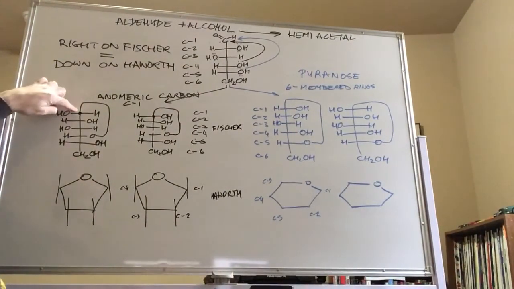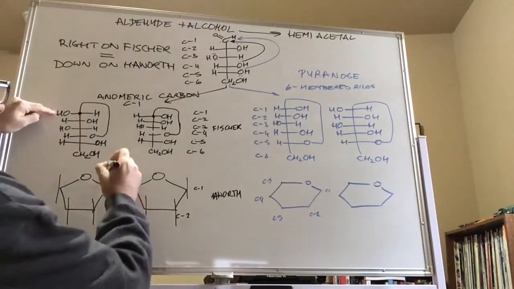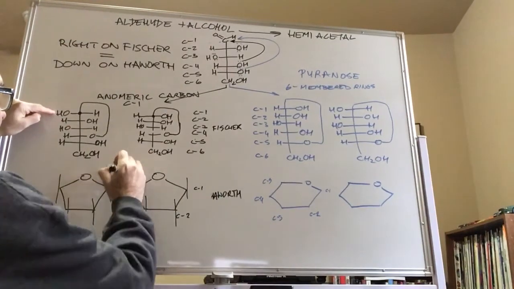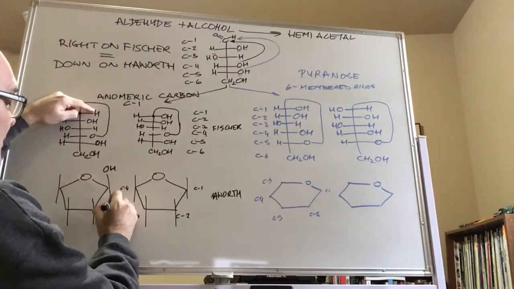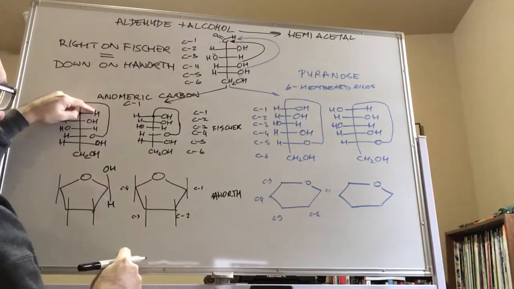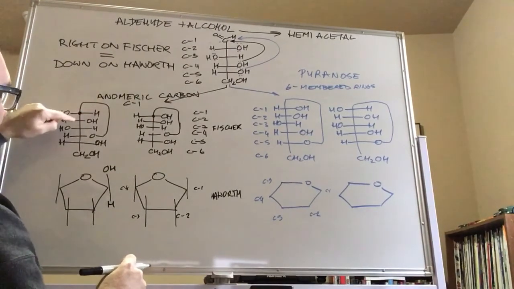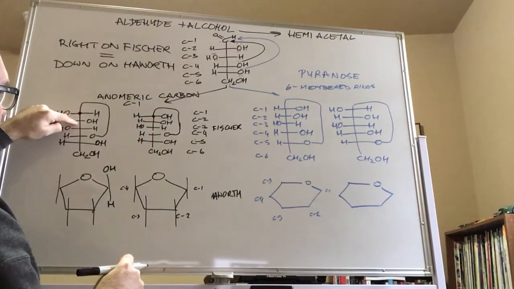All right, carbon number 1 on the extreme left, furanose. The alcohol is to the left. That means it points up. The hydrogen is to the right. That means it points down. Moving to carbon number 2.